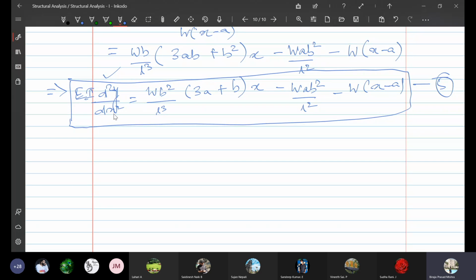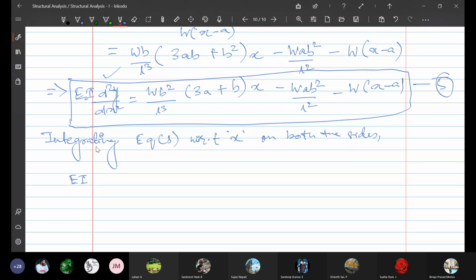So integrating equation 5 with respect to x on both the sides, EI into dy by dx.